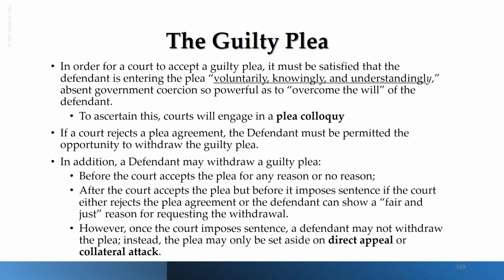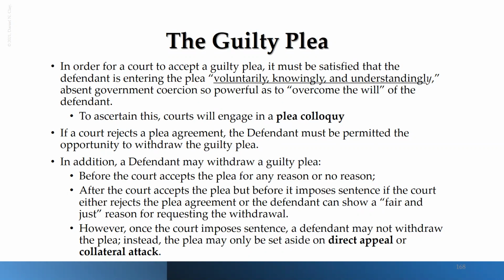They want to make sure that you're pleading guilty because you are actually guilty, not because of coercion. In plea bargaining there is coercion, obviously, but not so much that it overcomes your will to understand what you're doing. So you have to do it voluntarily, meaning that you're not being coerced into pleading guilty.